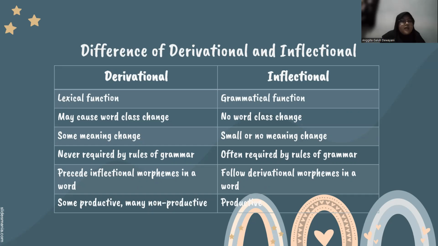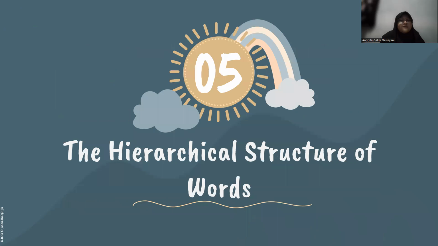The fourth one: derivational is never required by rules of grammar, the inflectional is often required by rules of grammar. The fifth one: derivational morphemes precede inflectional morphemes in a word, the inflectional follow derivational morphemes in a word. The last one: derivational is sometimes productive, mainly non-productive, but the inflectional is productive.